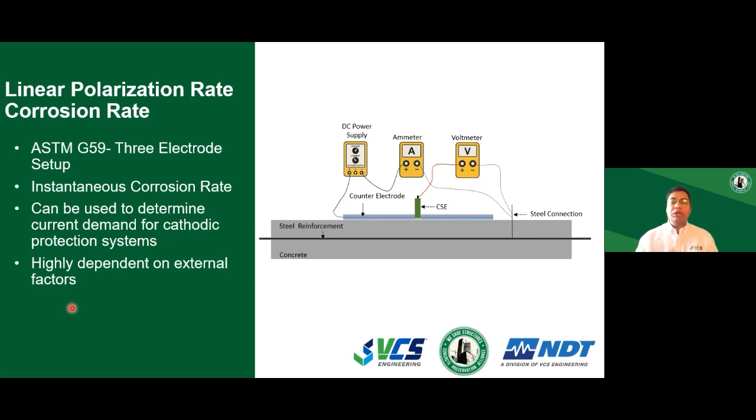I would not use it to calculate the exact corrosion rates unless you do this test multiple times over multiple locations for multiple durations of time. And I would typically use this test for determination of the current requirement. If you know that your structure is experiencing corrosion, I would use corrosion rate measurements just to get an idea as to how much current is required so that I can provide effective service life at the end of 20 or 25 years.